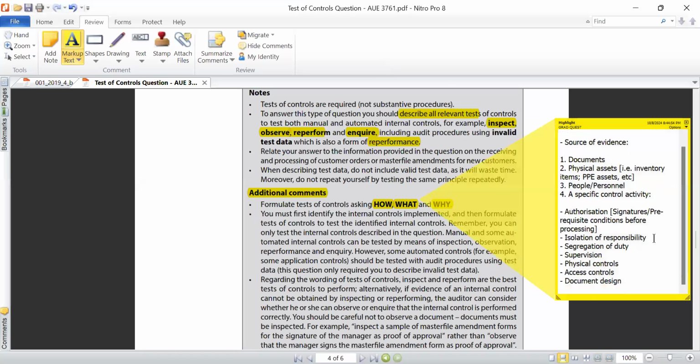Then isolation of responsibilities is there to ensure accountability. If we want to know who is accountable for what, we can only do that if there's isolation of responsibility. Why? Because we look at the results and we can trace to the person that was responsible for that particular activity, right?